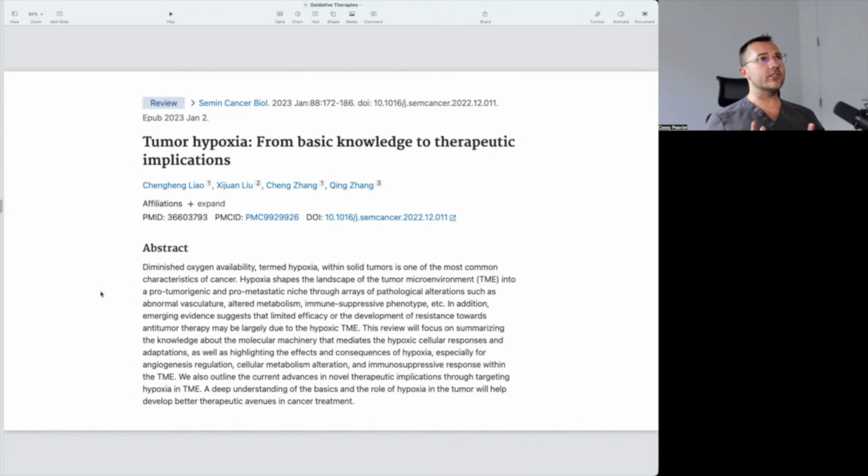So we're not going to go into that part of the paper. What I want to look at this paper for is it gives us some further understanding about how the hypoxia is created within the tumors. And then there are some graphics that I'm going to show afterwards that help illustrate these points that have been made by the texts above.